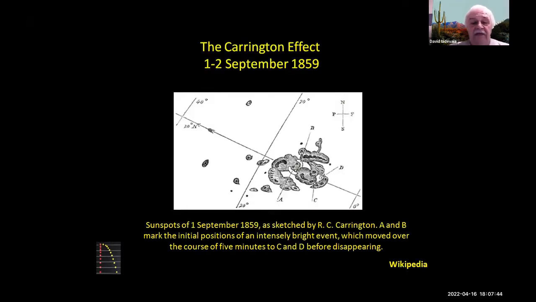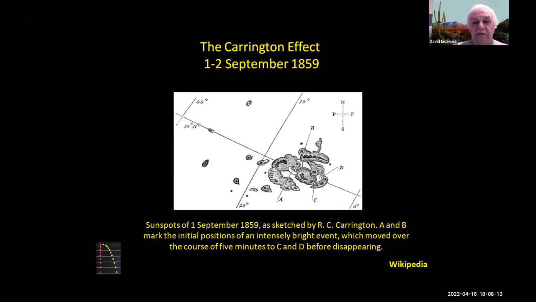In 1859, there was a really huge eruption on the sun. It's been called now the Carrington effect. Before we had instrumentation, we had eyes, and the astronomer Carrington actually recorded in his observing log what this group of sunspots was looking like.